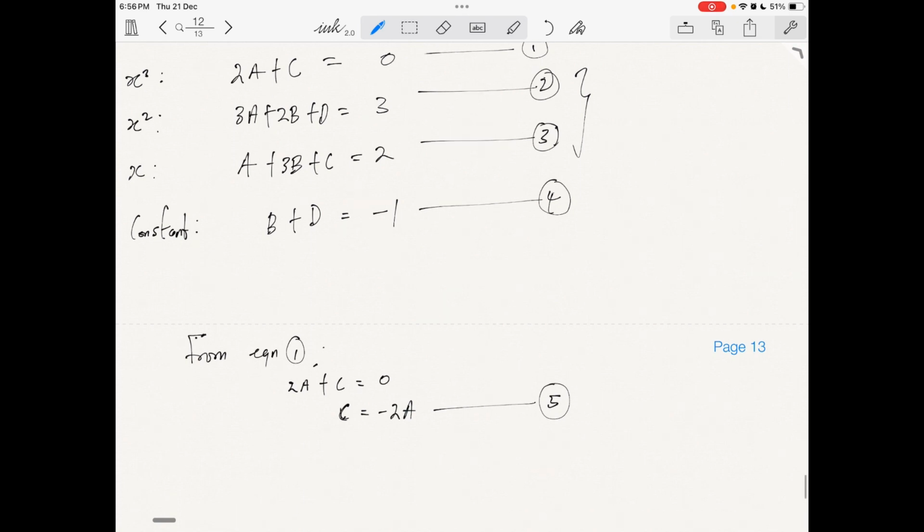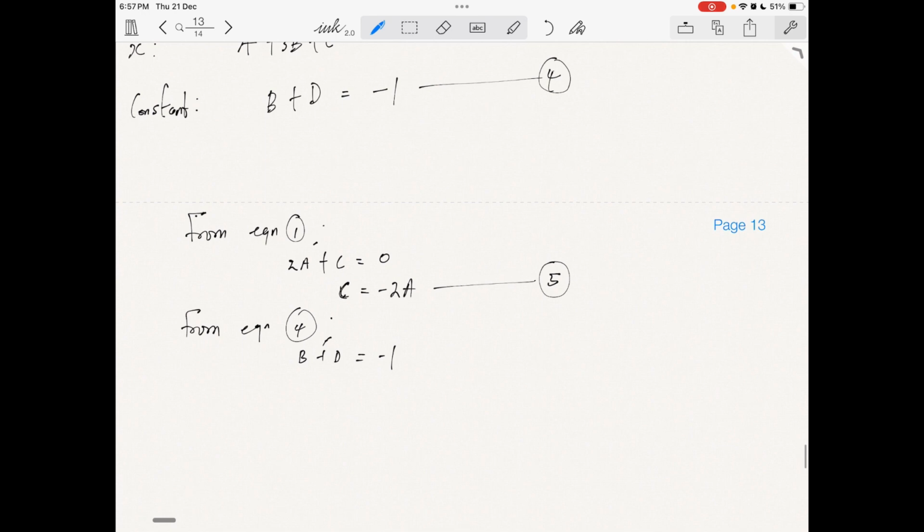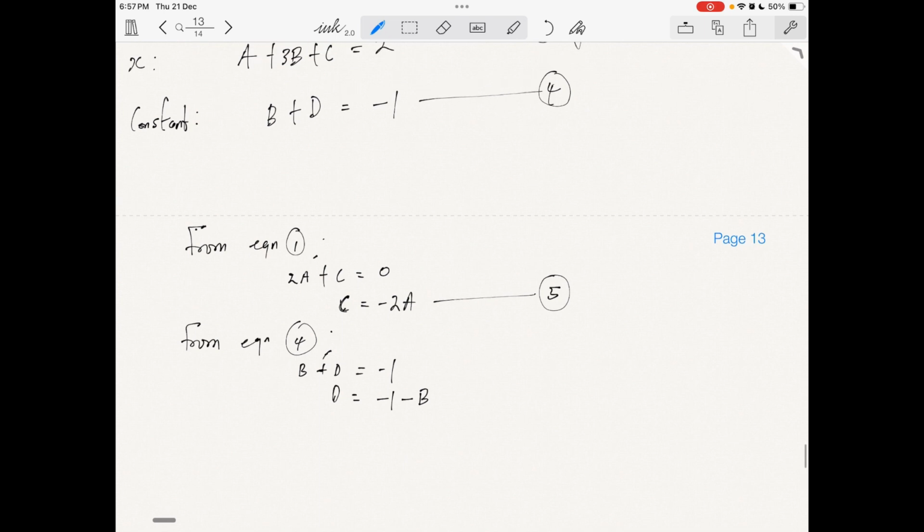From equation 4, we have b plus d is equal to minus 1, so d is equal to minus 1 minus b. We can call this equation 6.